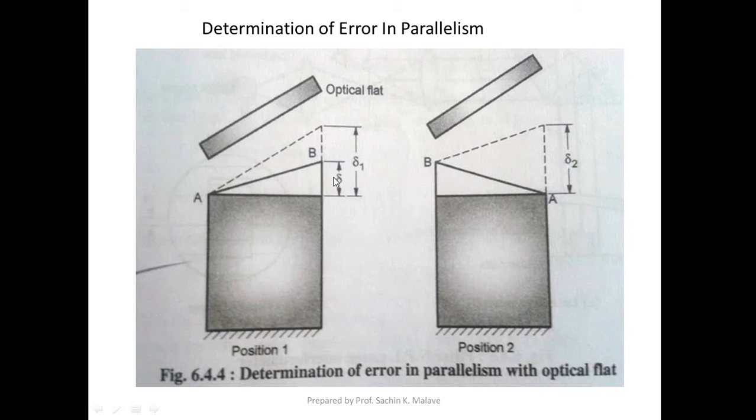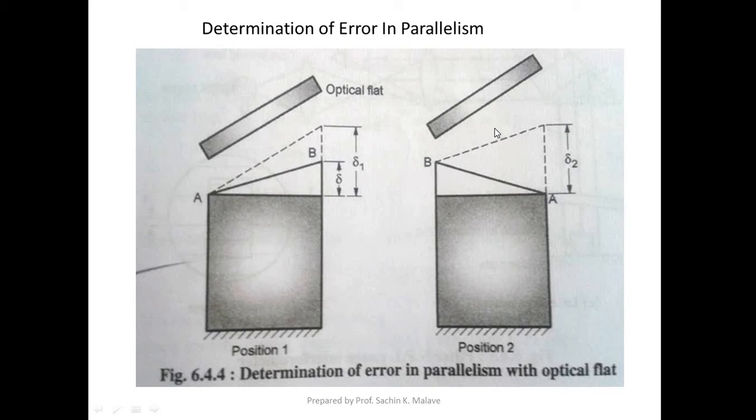Similarly, if the table is turned through 180 degrees, that will be position 2. In position 1, A is on the left side and B is on the right side. Now the table is rotated through 180 degrees, so B will be on the left side and A on the right side. The position of the optical flat is not changed.